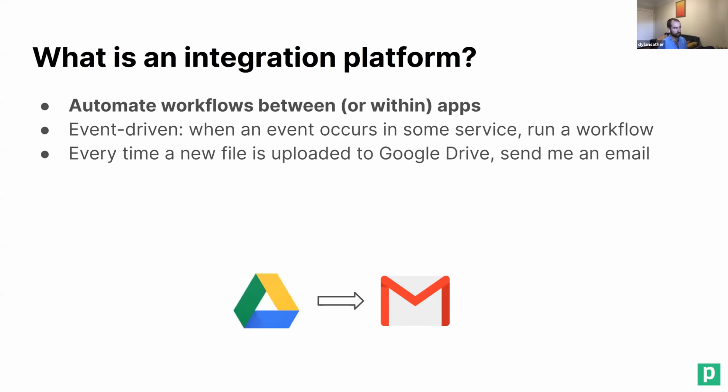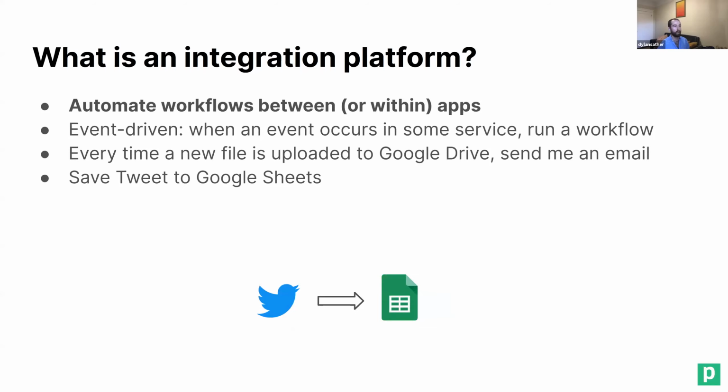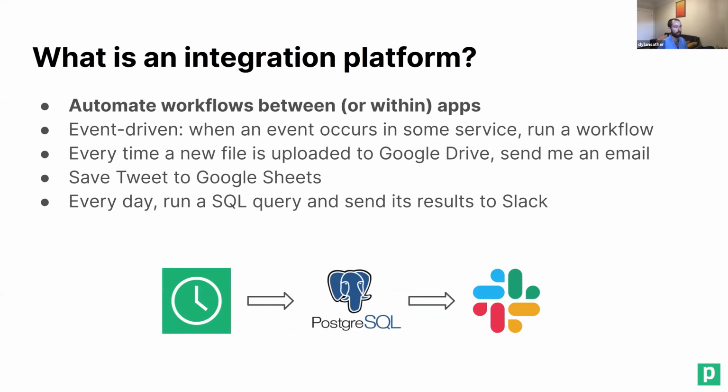So just a few examples of these. This is a common use case where I upload a file to Google Drive and I want to get an email with a link to that file. Every time someone tweets, I want to save that tweet to a Google Sheet for further analysis. Every day I can run a SQL query against my Postgres database and send its results to Slack.